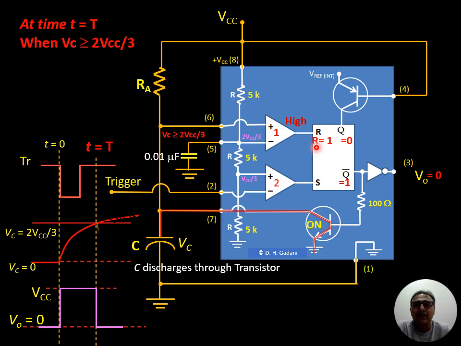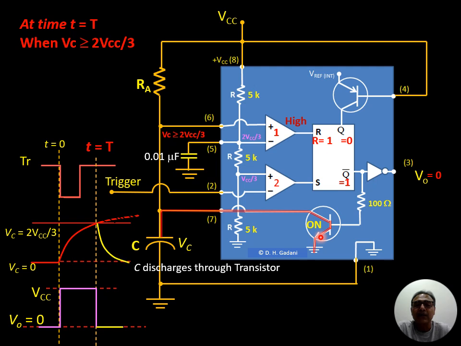This resets the flip-flop, and correspondingly the output Q becomes 0 and Q bar becomes high. As Q bar becomes high, correspondingly the output of IC555 becomes 0. Further, as Q bar is high, the transistor becomes on.